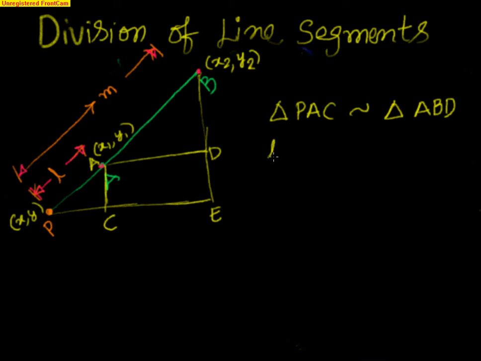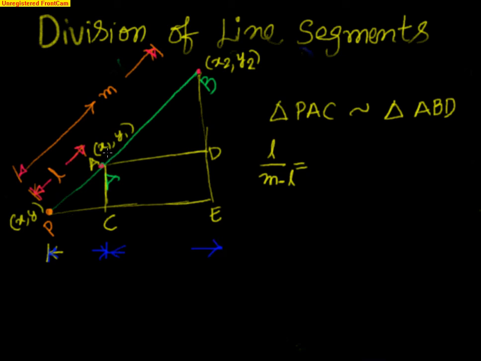Let me write a simple equation. L by M minus L, since we are comparing PA and AB. L by M minus L equals this distance. Let me write this distance so that it's clear. What is this horizontal distance?